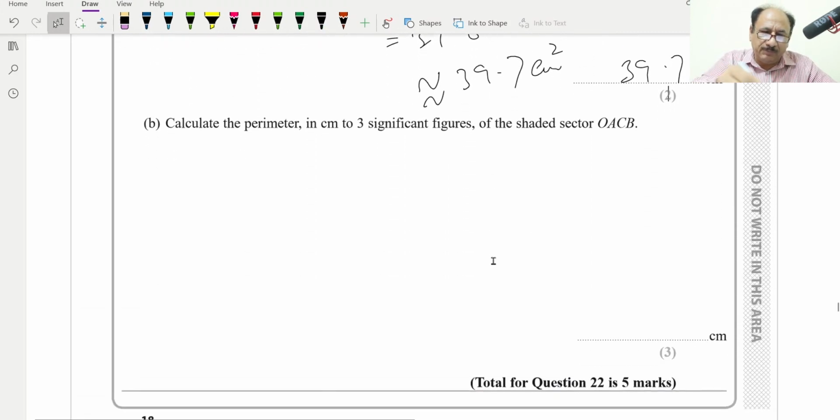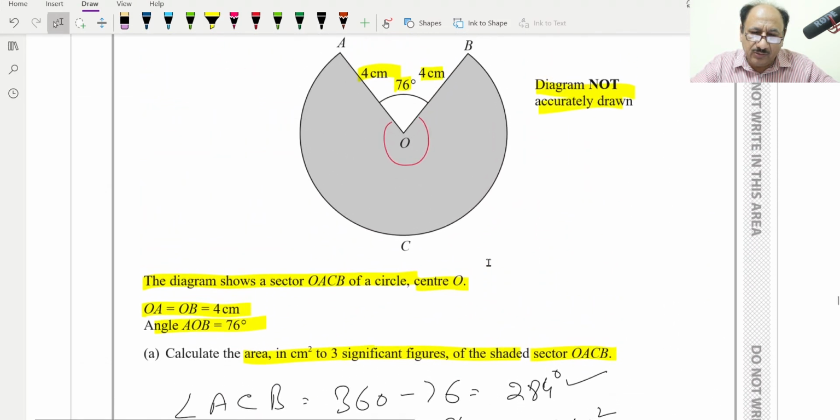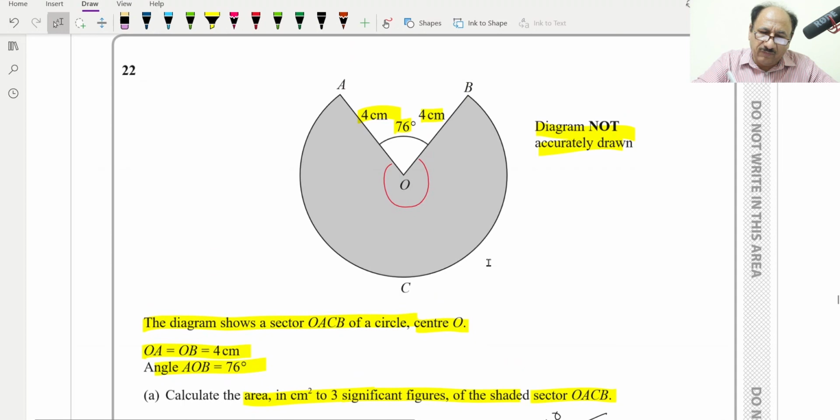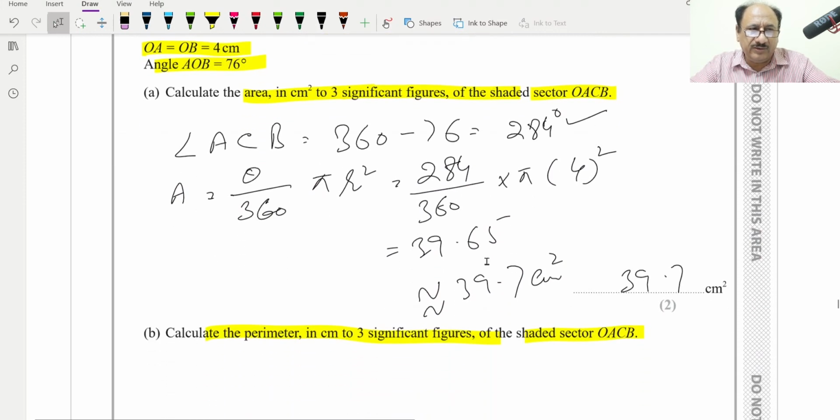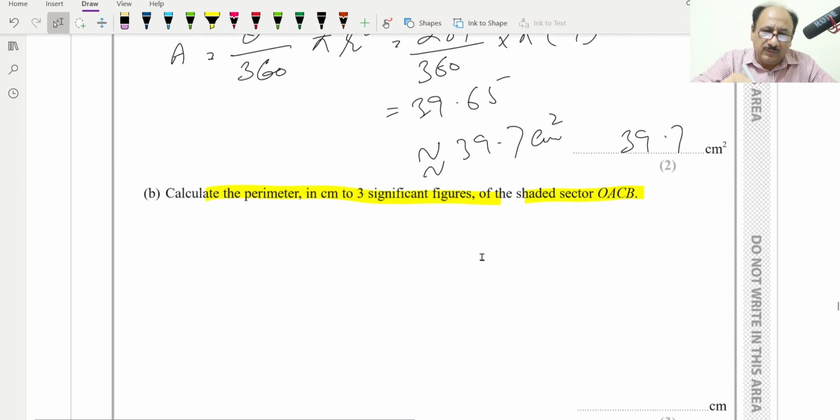Then calculate the perimeter. Perimeter in centimeters to three significant figures of the shaded sector OACB. Perimeter will include these 4 centimeters, this one and this one radii, and this ACB arc. So we can apply the length formula, first we'll find the length.